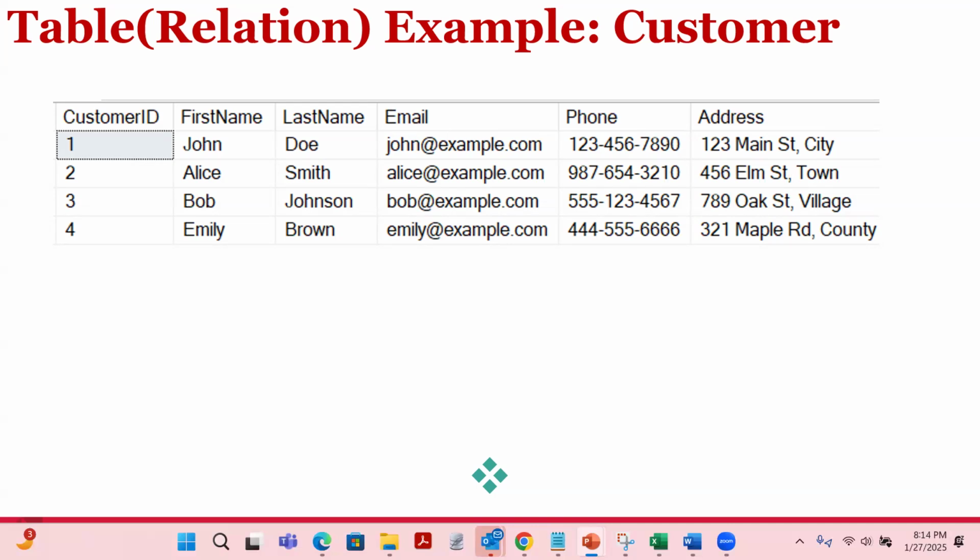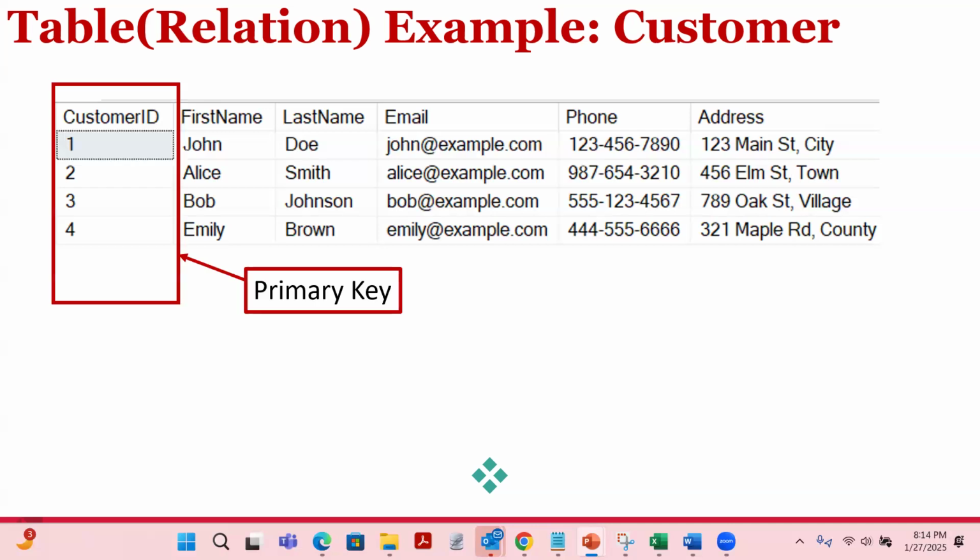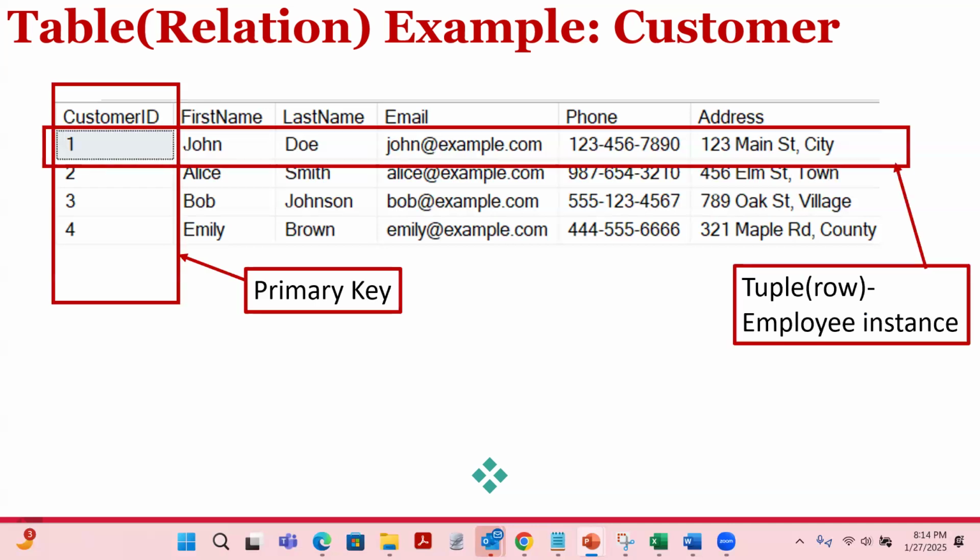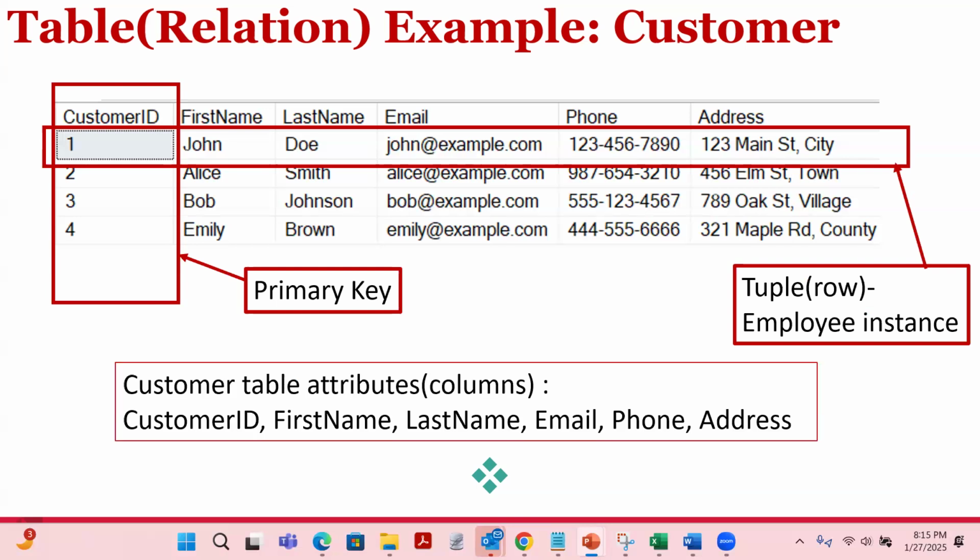In this case, customer ID is going to be a unique identifier of the customer table. So customer ID must uniquely identify only one customer. So it is a primary key. Now we have a tuple here. We also have attributes. So that's an example of very basic relations.